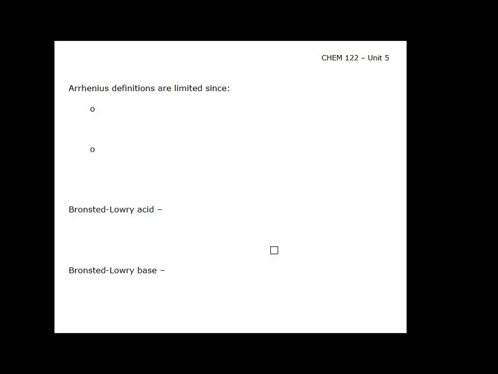The problem with these definitions is that they're very limiting. One reason they're limiting is that not all reactions occur in aqueous solution.